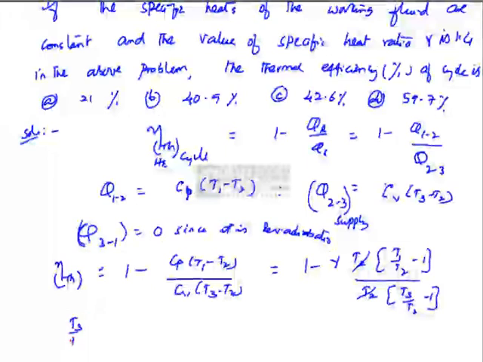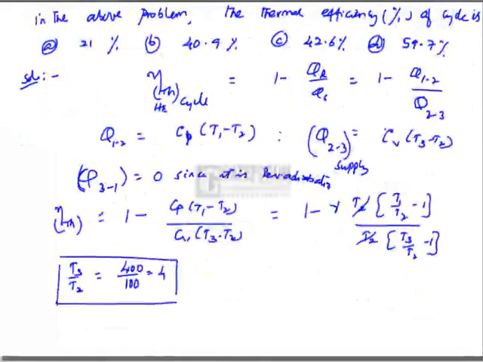According to Charles' law, T3 by T2 can be taken as 400 divided by 100, that is 4, because volume being constant, ratio of the absolute temperatures is ratio of the pressures, that is Charles' law. So we know T3 by T2.